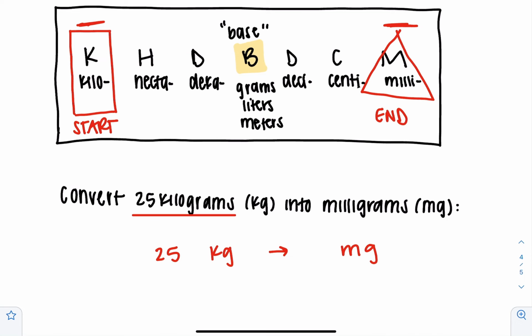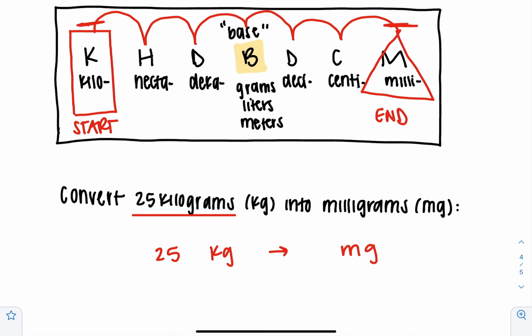We actually have to do steps. Literally, we are going to just start at kilo and jump to each unit until we get to the prefix milli, to milligrams.